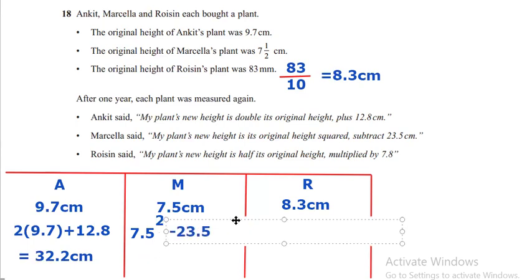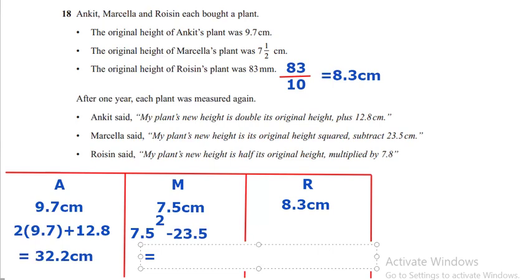So minus 23.5 like this. And this calculation will give me the new height of her plant, I'm sorry. So 7.5 squared minus 23.5 equals 32.75. And it's in centimeters. Very good. Now we have the new height or the final height of Marcella's plant.